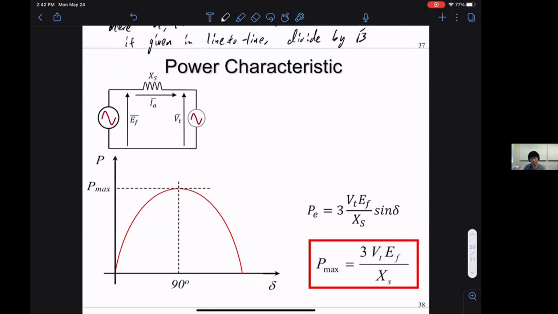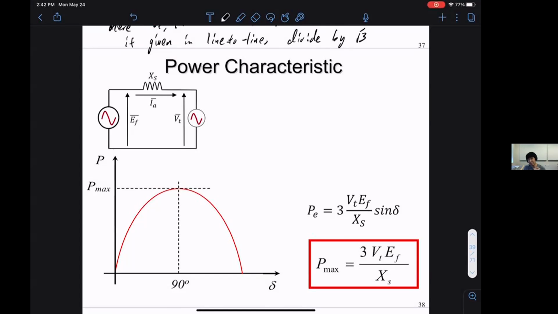So there is a peak amount of power you can transfer. Basically, this says that the maximum amount of power you can transfer is 3 times V_T times E_F divided by X_S. So this is the maximum you can ever transfer from your generator to the grid.